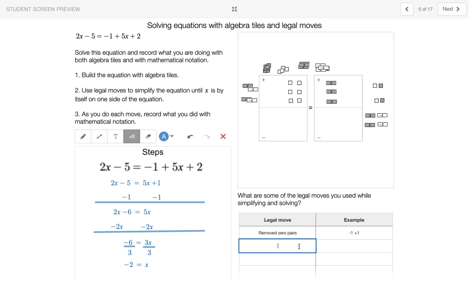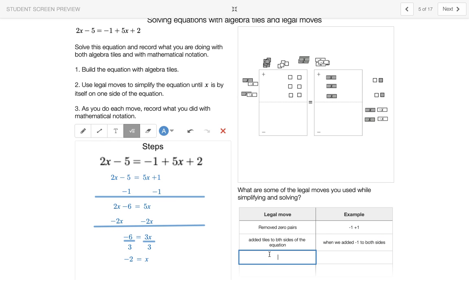Another legal move that we did is we added tiles to both sides of the equation. And one example is when we added -1 to both sides.